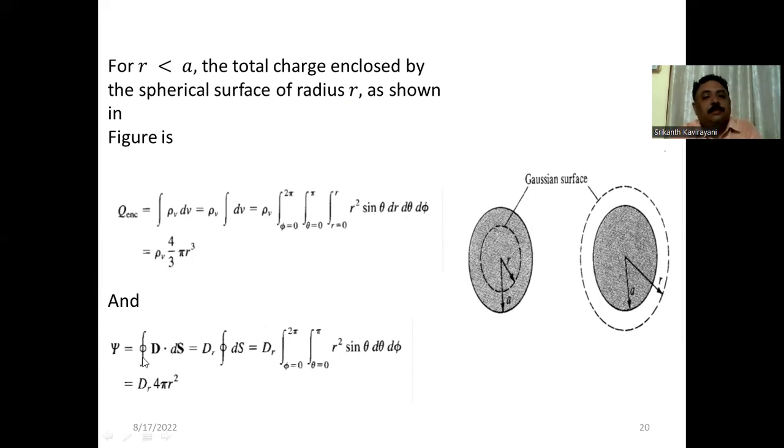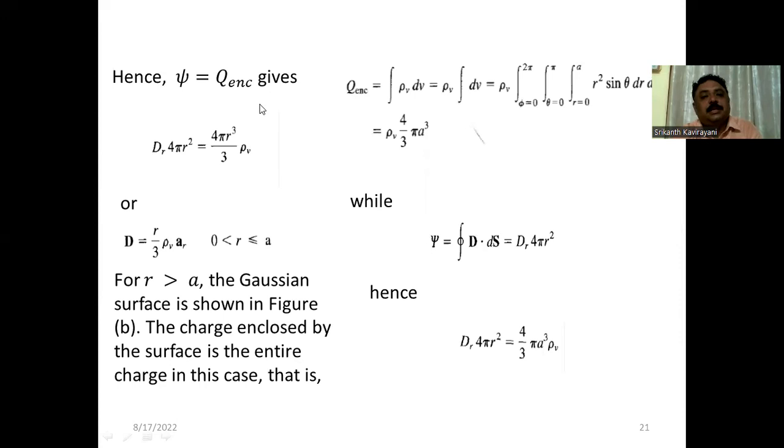And psi equal to the closed integral of D dot dS equals Dr times the integral of dS, which is phi from 0 to 2 pi, theta from 0 to pi of r square sine theta d theta d phi, which gives us psi equal to Dr 4 pi r square. So hence, since psi is equal to Q enclosed, Dr 4 pi r square equals 4 pi r cube by 3 rho v, or D equal to r by 3 rho v ar for 0 less than r less than a.